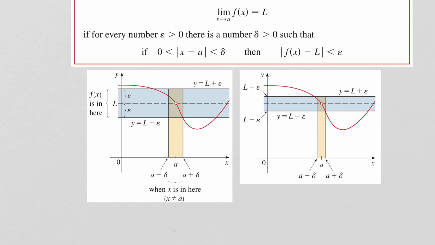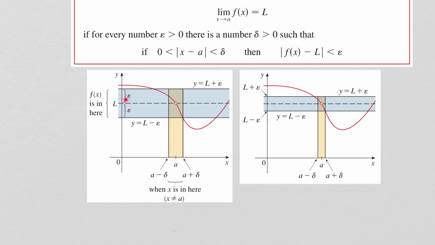And we want f of x minus L in absolute value to be less than this value of epsilon. So if you have your function value, wherever that is, and you subtract L, that distance needs to be smaller than epsilon. What that means is you want the function values to be between these two horizontal lines.